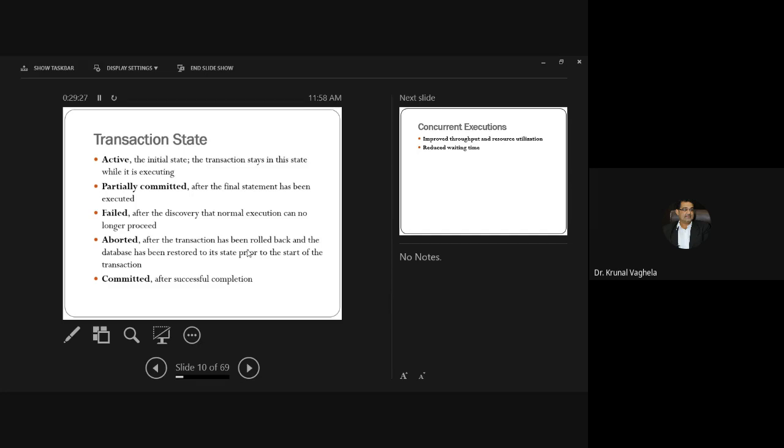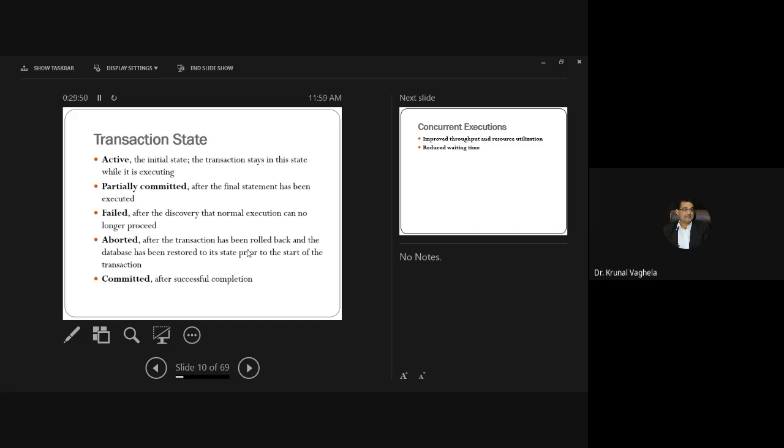Partially committed: after the final statement has been executed. See, it is not committed, that means it is not completed. When the transaction executes its final statement, then it is partially committed.